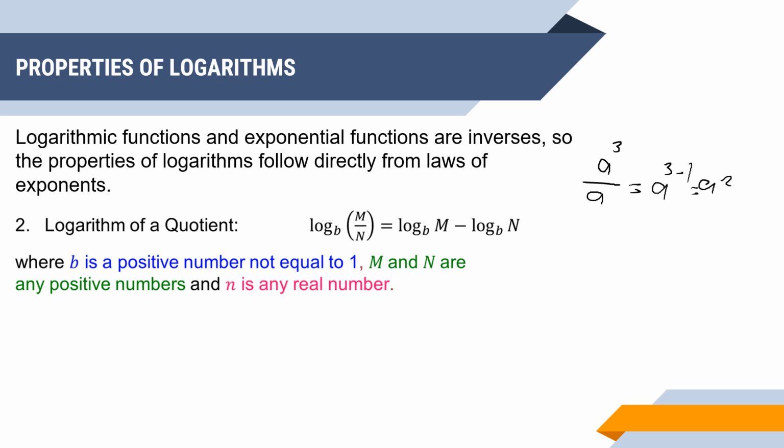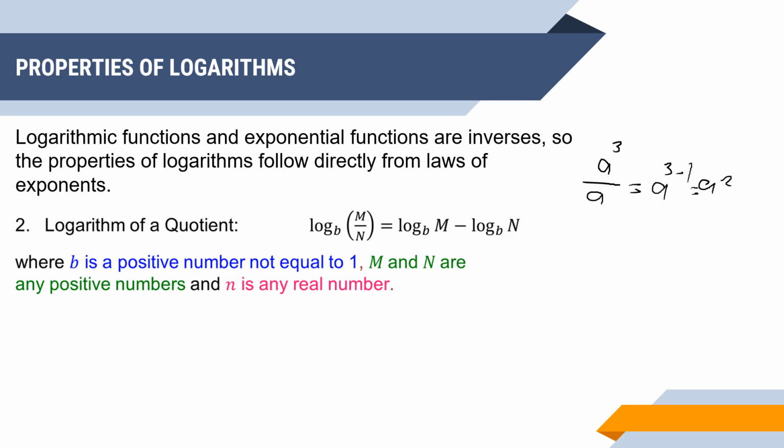Remember, when we talk about logs, this is just equal to the exponent. So when we divide, we subtract. So if we have here the log of m over n with base b, that is just equal to the log of m with base b minus the log of n with base b.